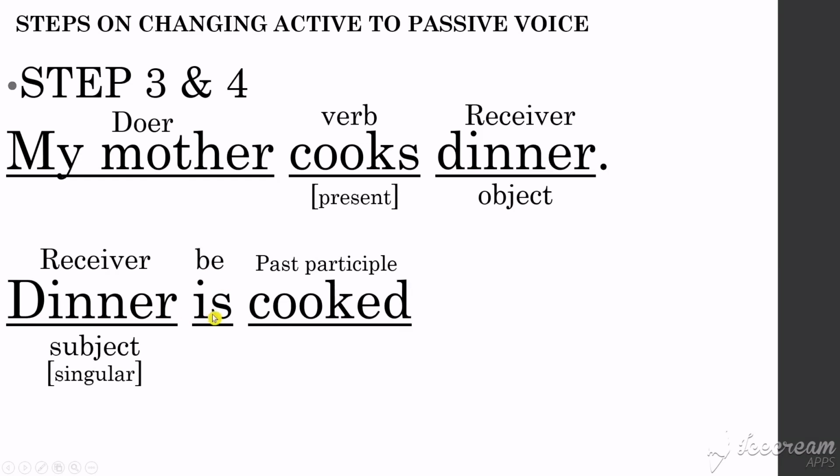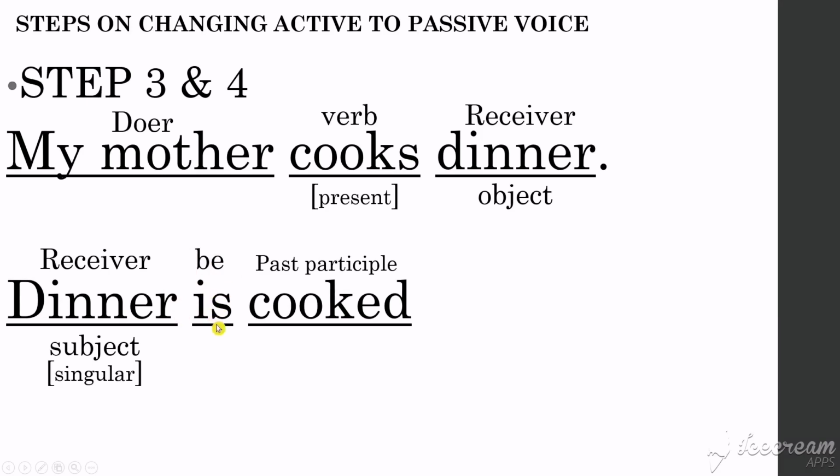We use the be verb is because our subject here is singular, so that's why we are using the singular form of the be verb, is. And at the same time, we use is because the tense of our main verb from the active voice is in present tense. So that's why our be verb here should be in present tense.